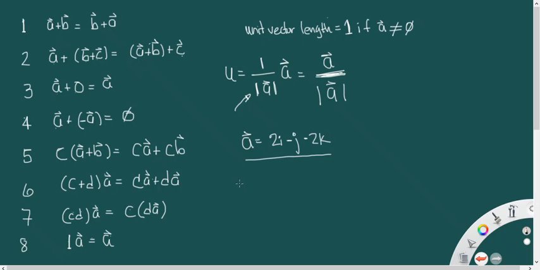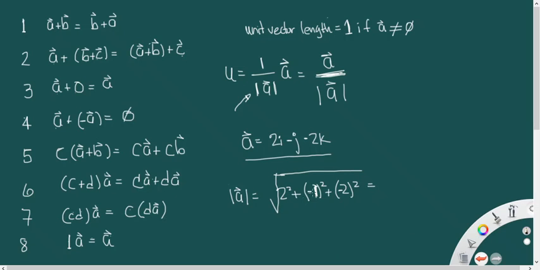We know that the length for A is going to be equal to 2 squared, which is the first component, plus minus 1 squared, plus minus 2 squared, and calculate the square root of that.